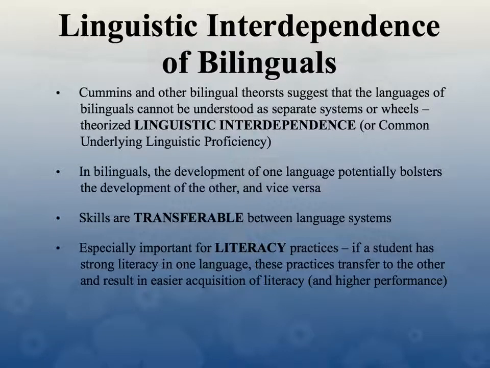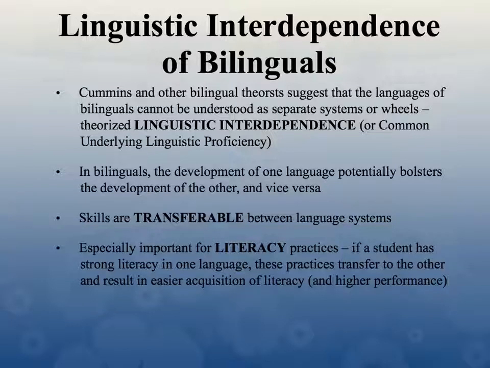So even though we can see on the graphs that we represent those languages as separate lines, actually, many theorists or people who think about language development point out that languages are interdependent, which means that they don't progress as separate lines, but they influence each other over time.